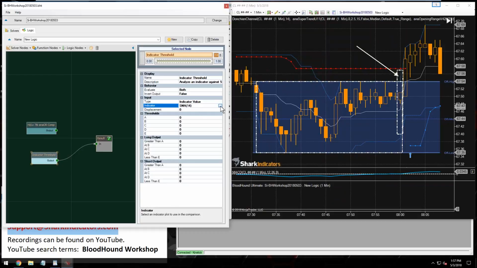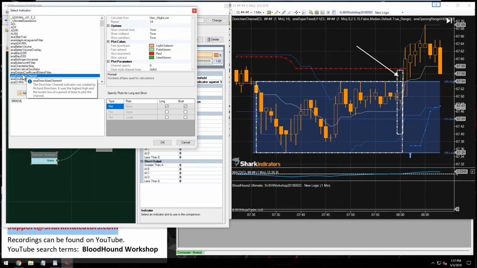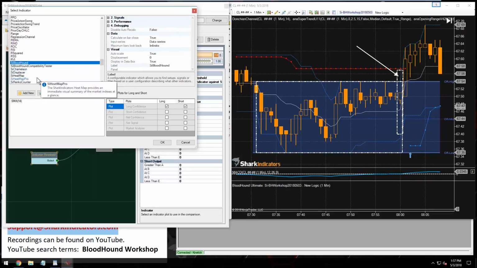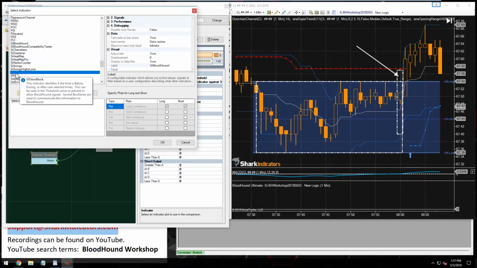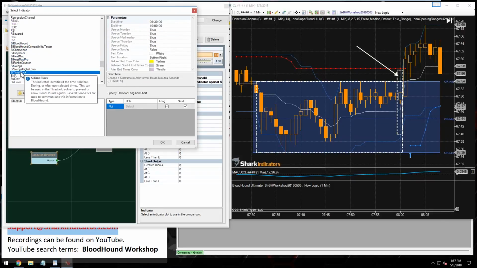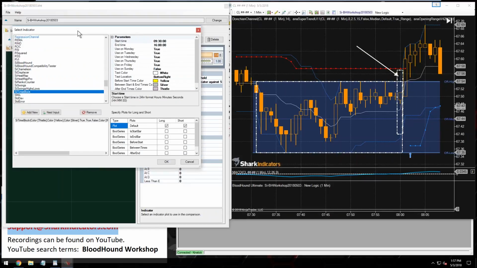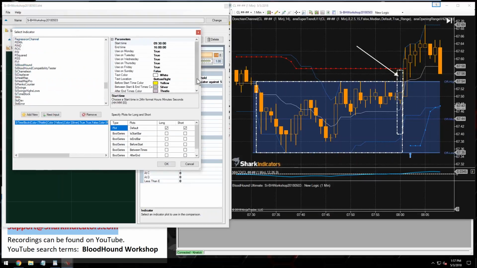And I'm going to use a special indicator here. The SI time block, this indicator, basically its purpose is it helps BloodHound identify specific blocks of time. So that's what we want to do here. Let's put in our time. Actually, what is it? 7:59.